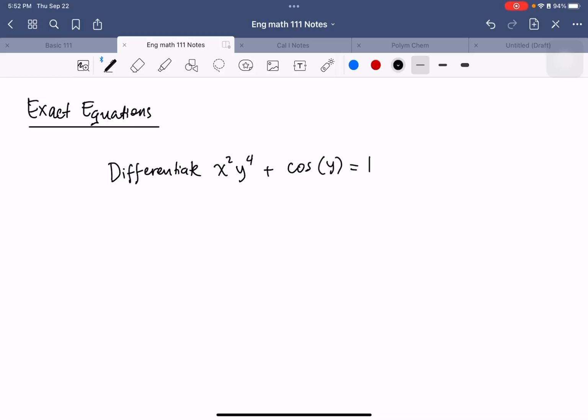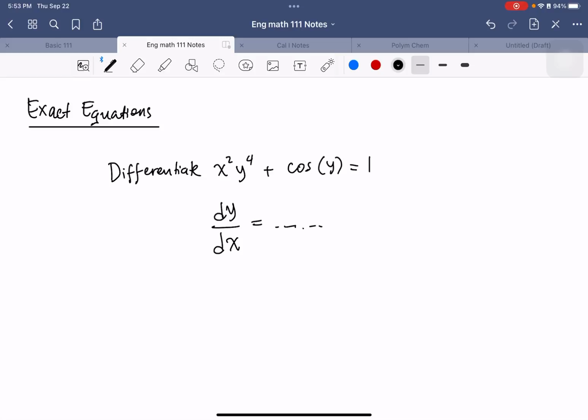So before we go into details about exact equations, I want you to refresh some calculus techniques, if you still remember how to derive these equations. Basically, what we are going to do is get dy over dx equal to something.